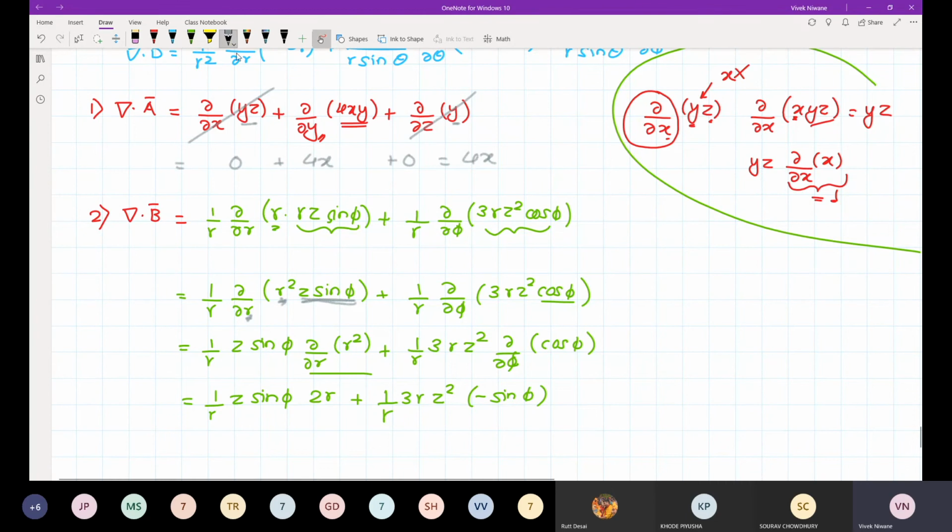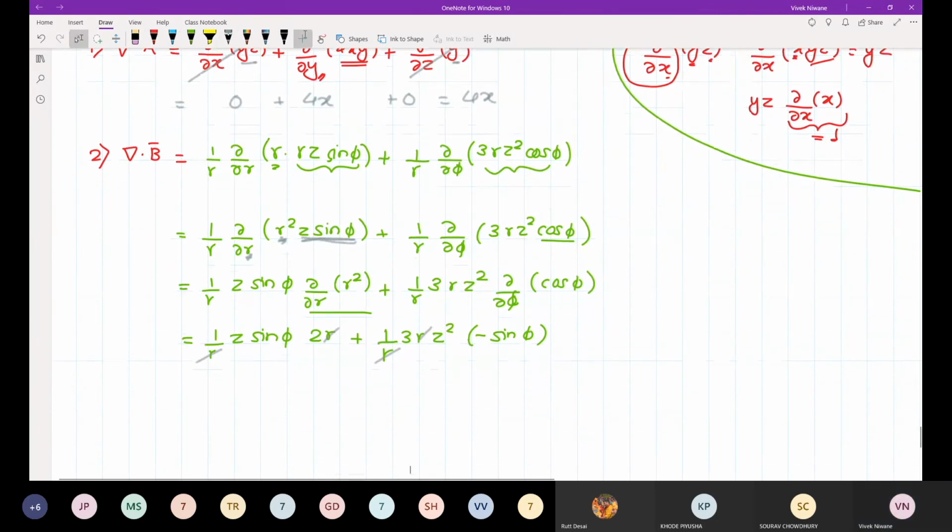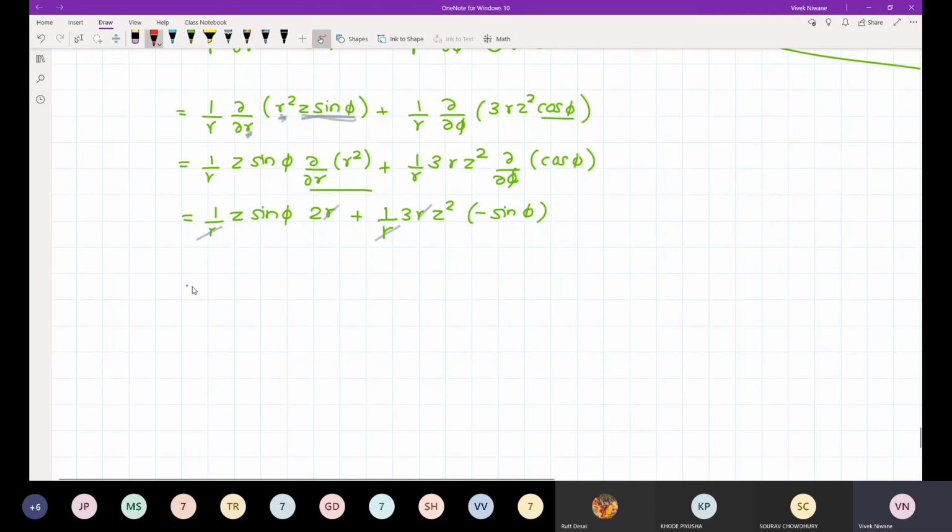Now a few of the terms will get cancelled out: r cancels here and r cancels here, and we are left with a few terms. It is equal to 2z sin phi, I will merge the negative sign over here, minus 3z² sin phi. And we need to evaluate this value at the point (5, π/2, 1).